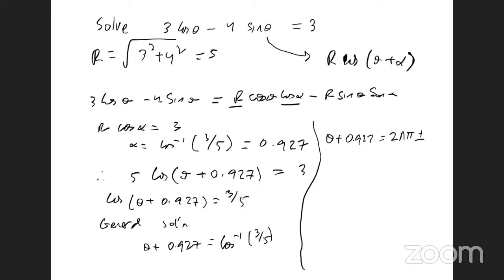And cos inverse 3/5 was what? I get back 0.927 again. Correct? So that would be theta is equal to 2n pi plus and minus 0.927, minus 0.927. Right? So I got 0.927 twice.